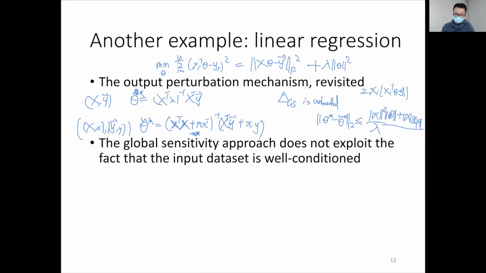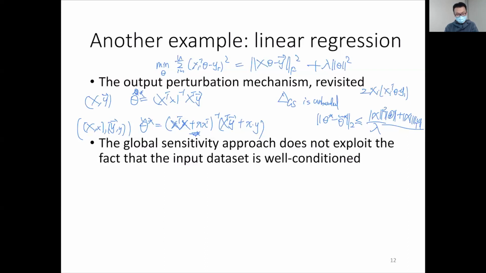So in order to make this somewhat small, we actually have to make this lambda very large, make lambda increase with n, and that was how we obtained this 1 over square root of n rate earlier. In practice, however, when we consider a practical application of linear regression, in most cases these X are designed by the people who run experiments.